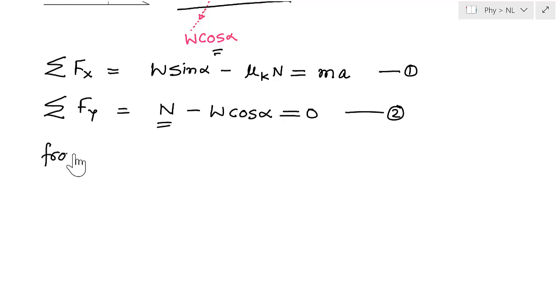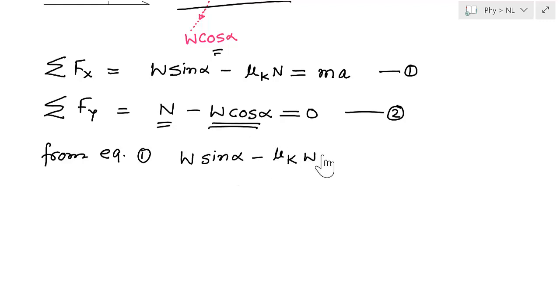So from equation 1, I can write W sin alpha minus mu k times N, and N is nothing but W cos alpha. So this is W cos alpha. This is equal to mass, which is W divided by g, times acceleration. So W cancels out.